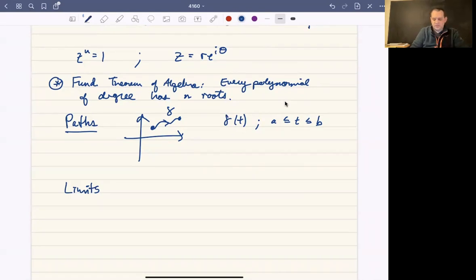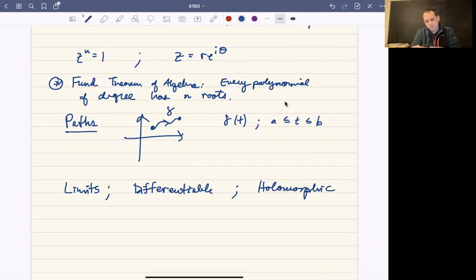With limits, we talked about differentiability. Okay, so what it means to be differentiable. And one step beyond that, what it means to be holomorphic. So remember that a function is going to be called holomorphic at a point if the function's differentiable at that point and differentiable in some small neighborhood containing that point.